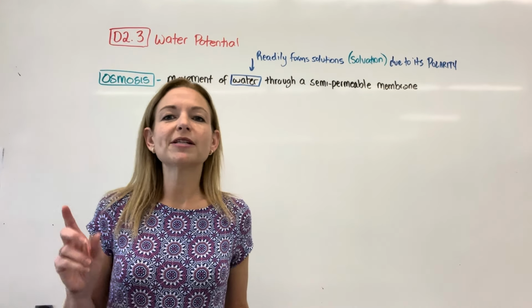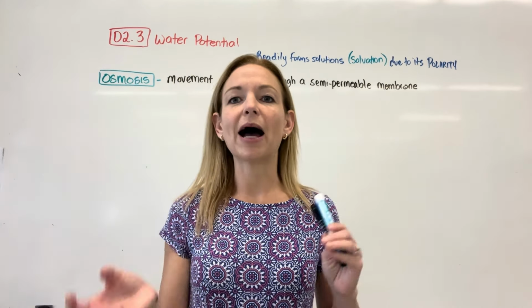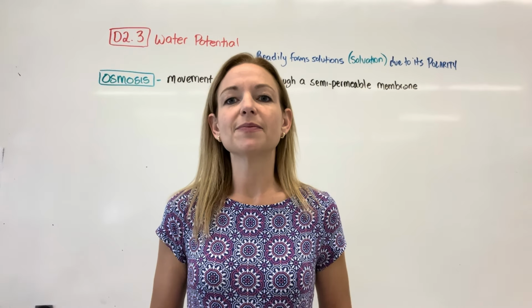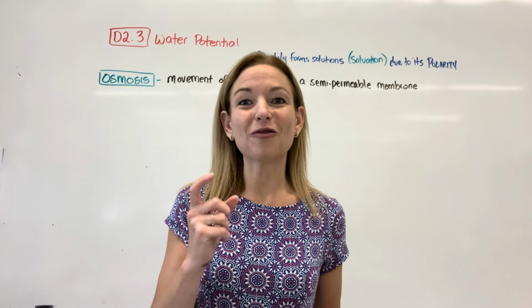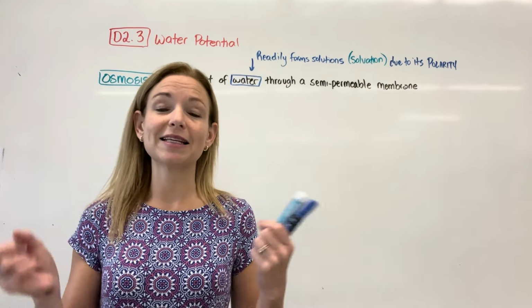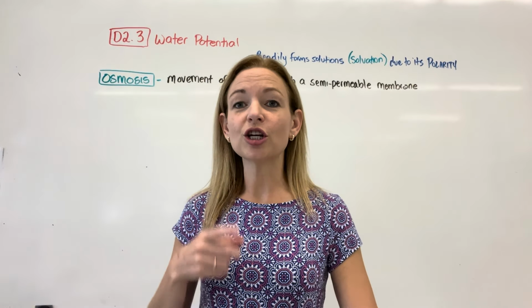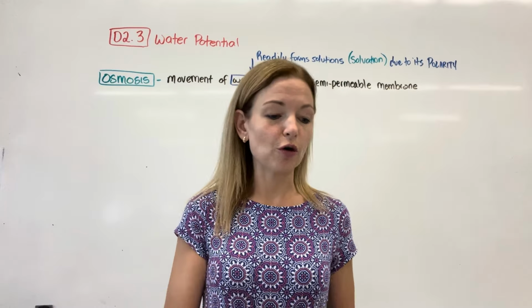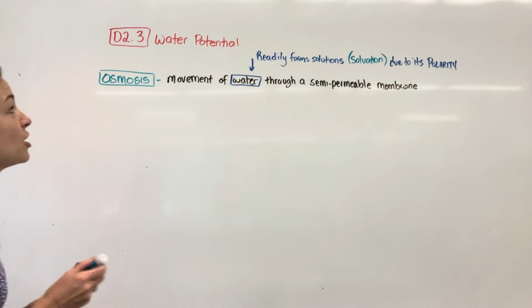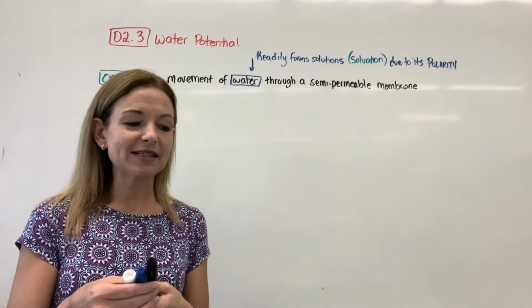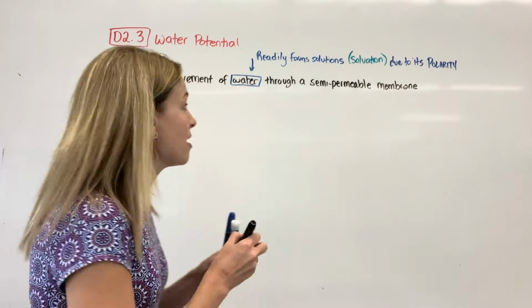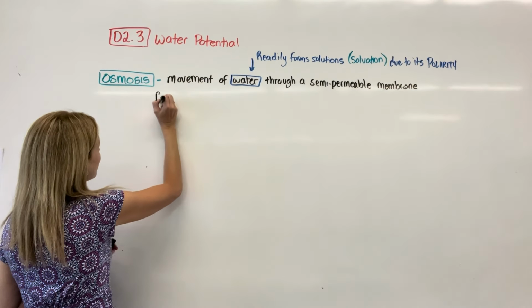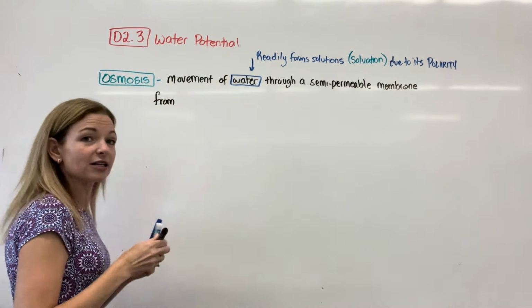So normally when we talk about passive transport, we would say from high to low. But when we're talking osmosis, there's two different ways we can talk about it. We can talk in terms of the tonicity of the solution or the water potential. So I'm going to write both here, but if you're SL, you only need the tonicity. So it's the movement of water through a semi-permeable membrane from the environment with lower solute concentration.